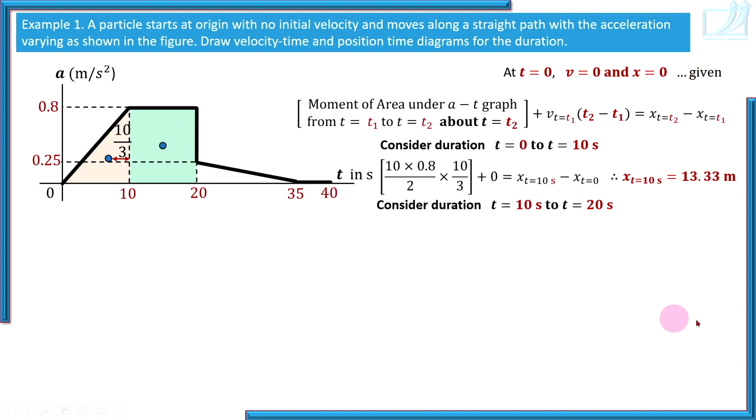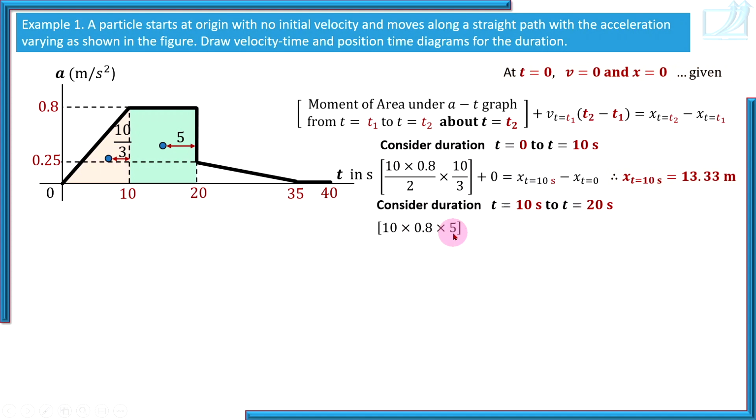Now we want distance from t equal to t2, in the sense from t equal to 20 seconds. So from t equal to 20 seconds, distance of this centroid is half of its base, and that is 5. Base is 10, so half of base is 5.